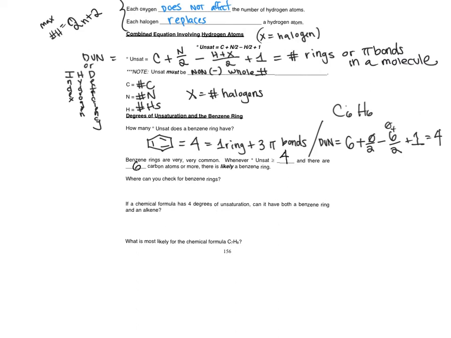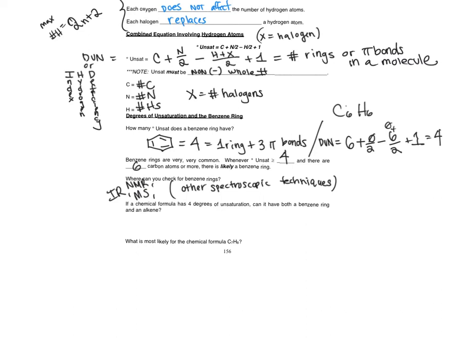Other ways you can check for benzene rings, we'll look at with the other spectroscopic techniques, which we'll cover in a short amount of time: NMR, mass spec, and IR. IR is obviously the one we're covering today, but in the future NMR and mass spec will help with those as well. So we can figure out the DUN from the structure or the formula.